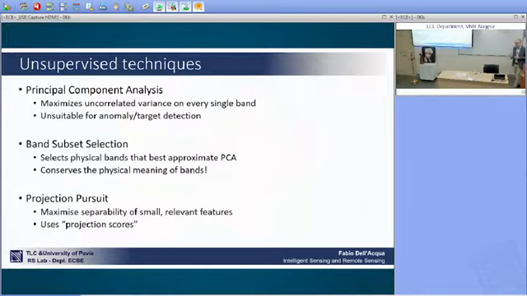Unfortunately, in some sense, in hyperspectral remote sensing, you need to waste some data. You see what I mean? Since the sensor was not designed for your specific purpose.